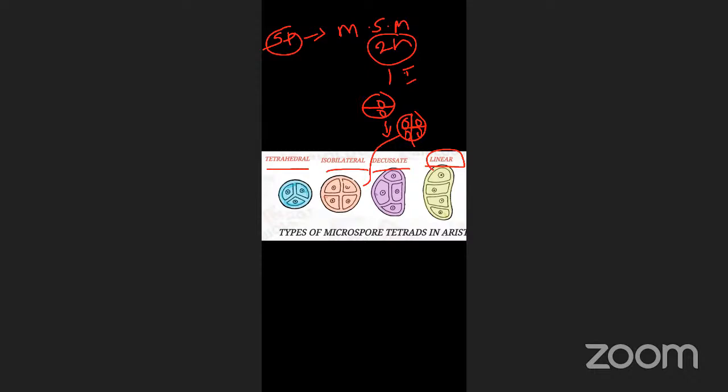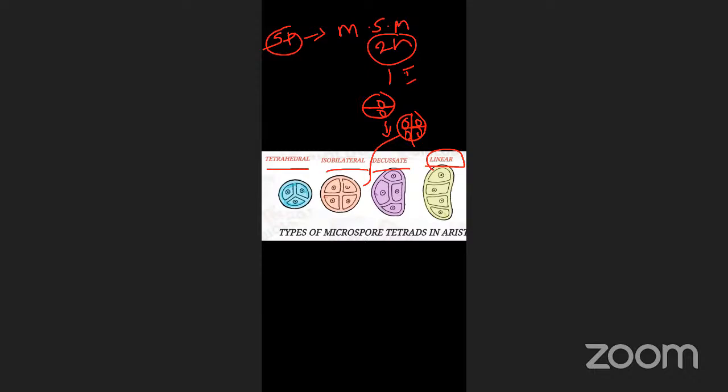That means pollen grain arrangement occurs. Let's discuss one by one. The first one, tetrahedral type. What happens in tetrahedral type? After meiosis 1 and 2, whether it is successive or simultaneous, four tetrads are formed. But in one view, we can see only three microspores. The rest is behind, on the backside.